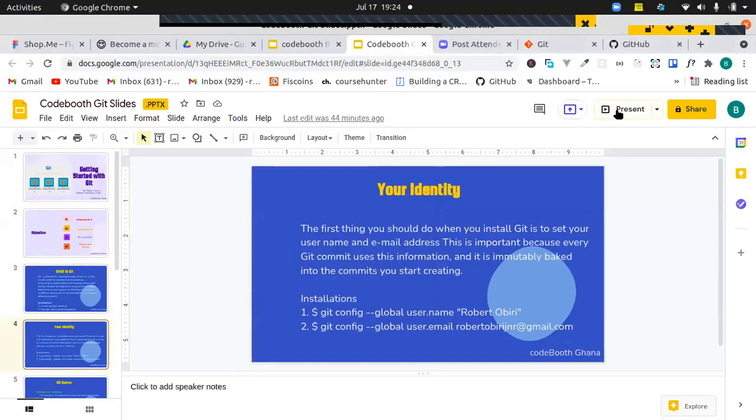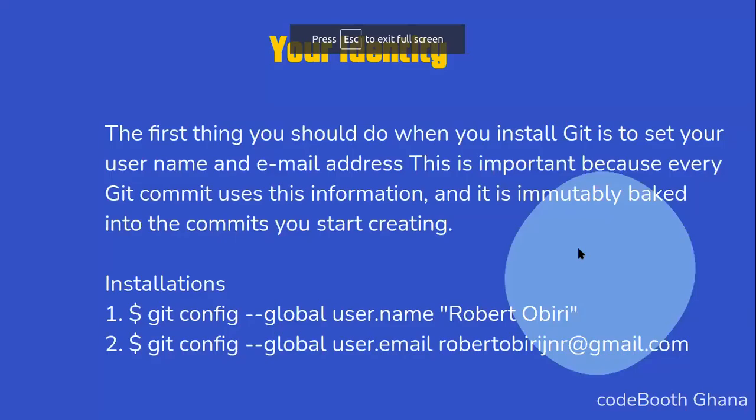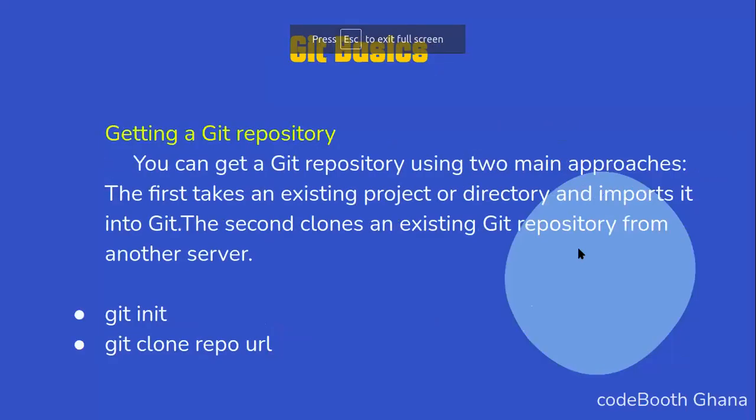So the next one is, we are going to start with the commands right away. The first one is how to start Git on your local machine, how to initialize Git on your machine. We are going to look at how to do that.